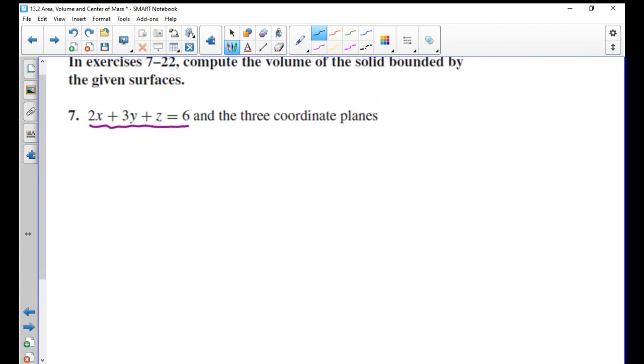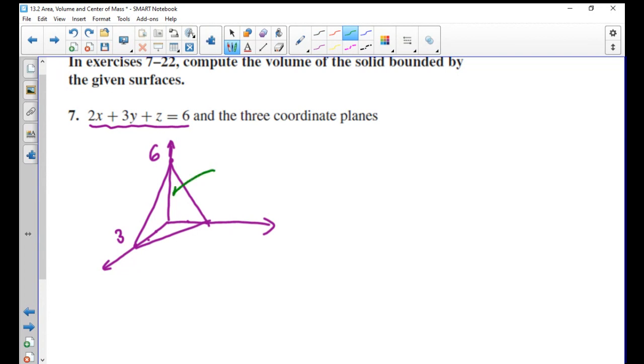It's going to be done exactly the same, except that the region this time, this plane will come from 6. It will cut the x-axis at 3, and it will cut the y-axis at 2. So it's going to be something like this.